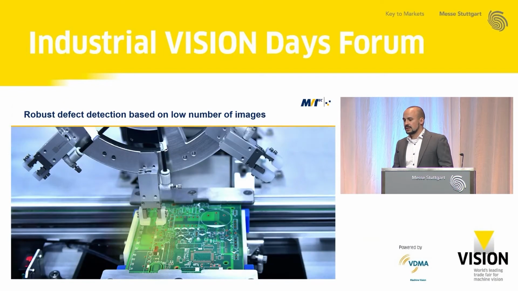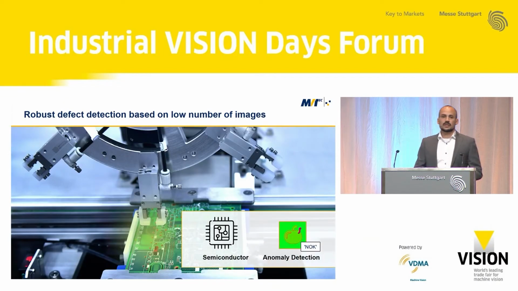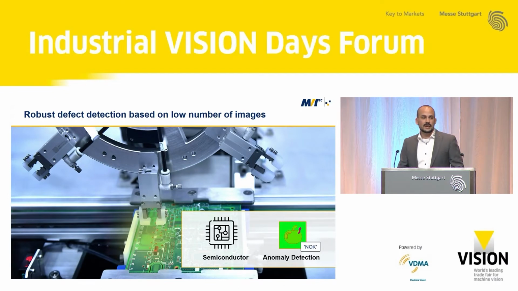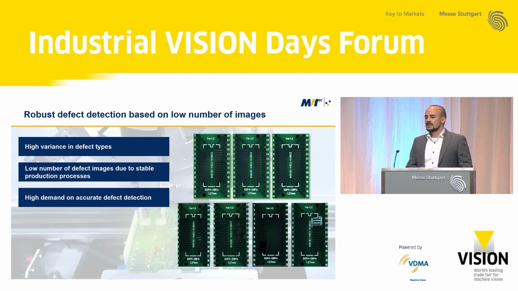Another application example is from the semiconductor industry. In this example, we used MVTec anomaly detection, which is a deep learning technology to detect anomalies. Quite simple, right? In principle, the processes in semiconductor industries are quite stable.